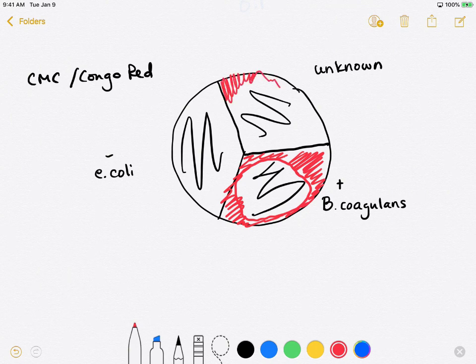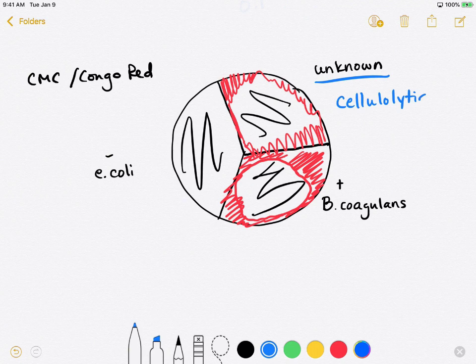Again, it was mostly red around it, but then you had some sort of halo effect. That halo effect allowed you to recognize that your unknown was showing some cellulolytic activity. It was able to produce the enzyme cellulase that was then digesting the substrate CMC.